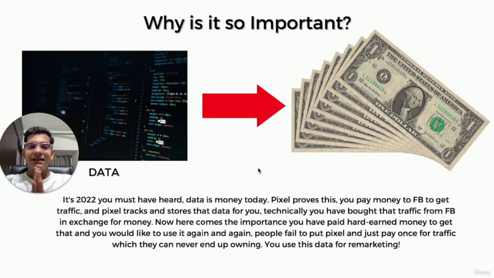This is where Pixel comes into importance. Pixel helps you track everything which is happening on your store. Pixel helps you keep a record of all the visitors that are coming to your store.